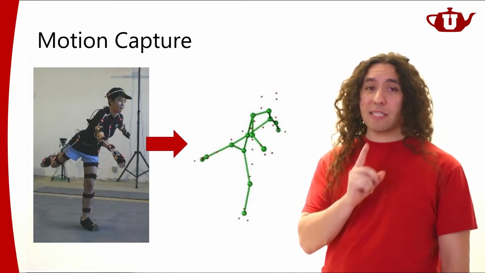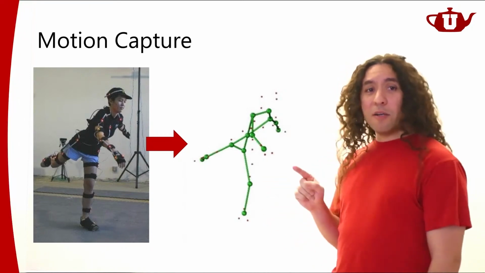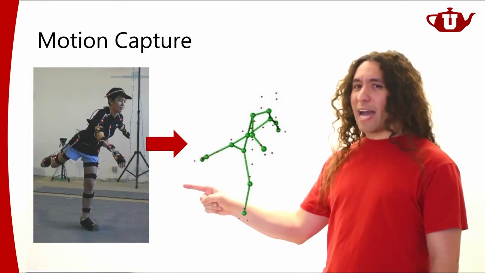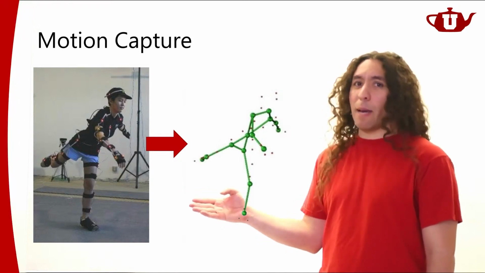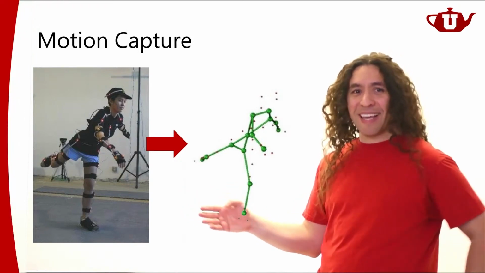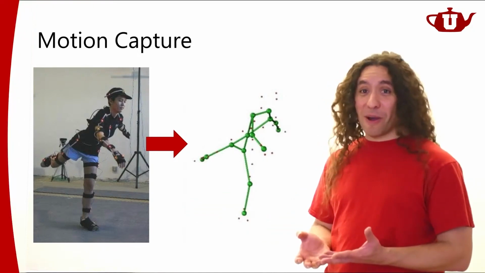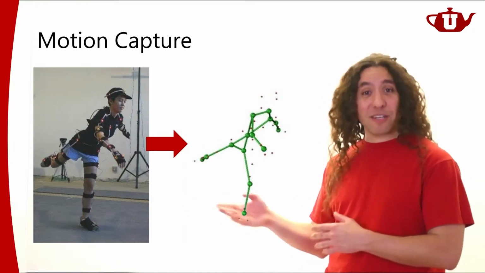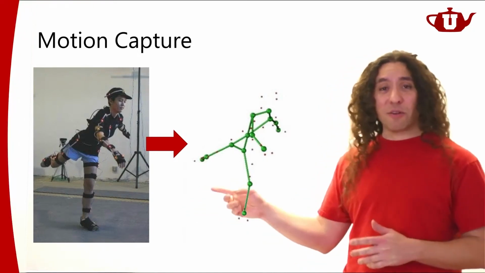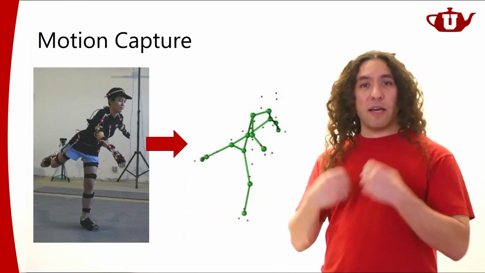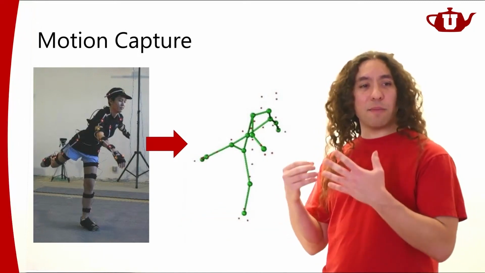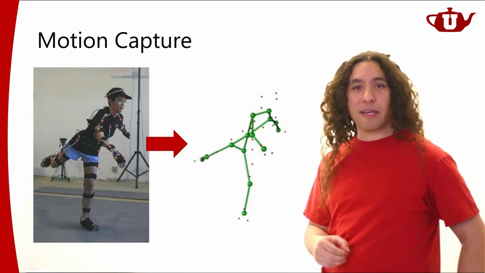Now, the word estimate is very important here, because we can't capture the exact bone motion, since we don't see that person's bones, right? We can see what's outside of the bones. We can only see the skin and the markers on the skin. The markers on the skin help our computer vision process get the positions of these markers accurately.